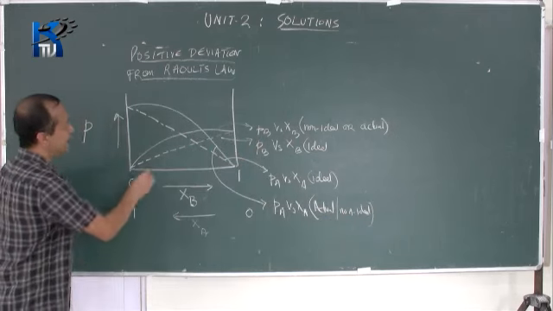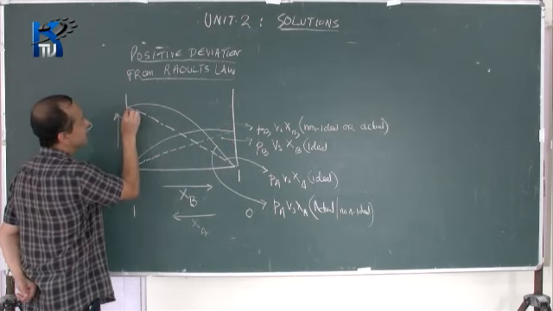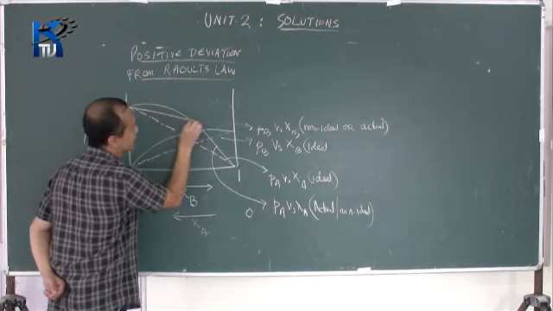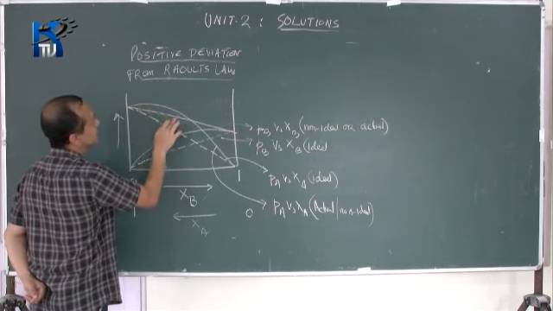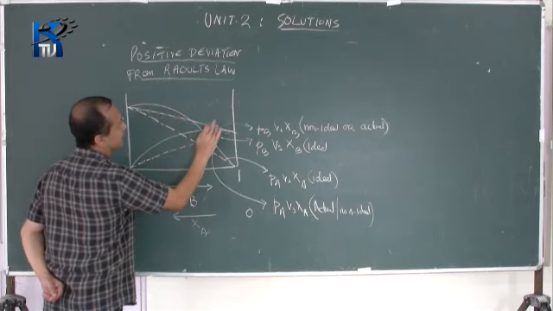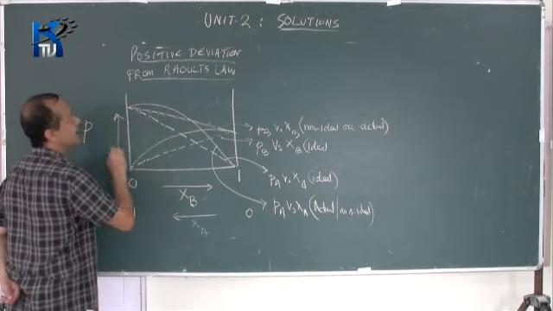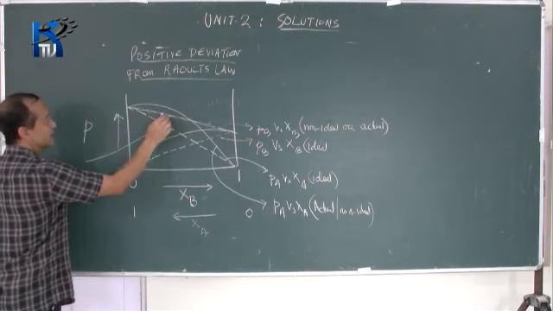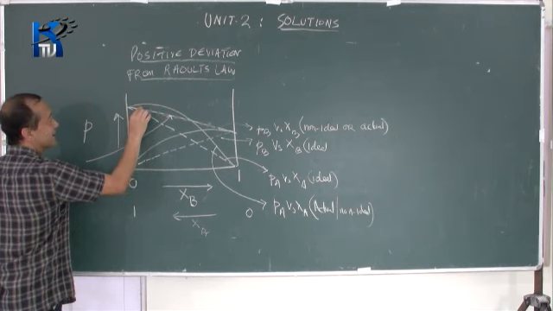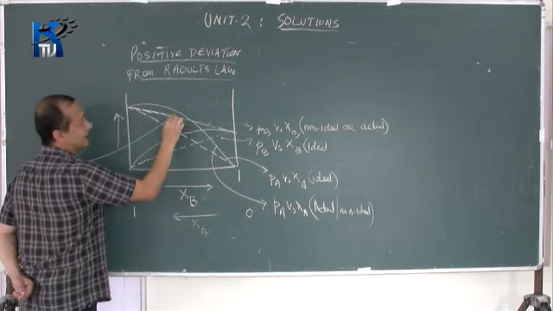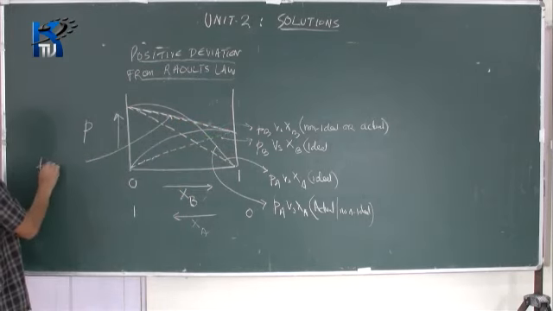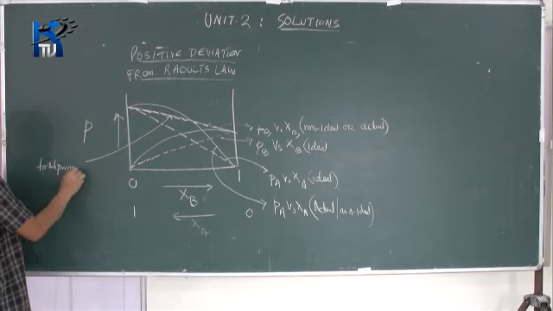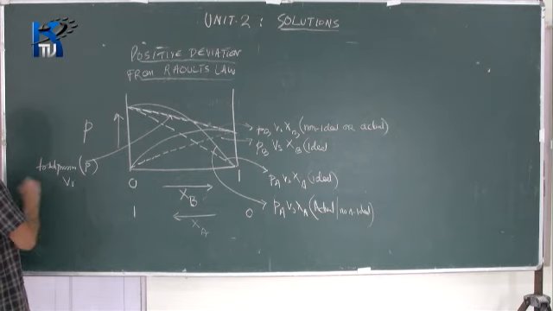If you combine these two graphs, then you get the total pressure. The dotted lines again represent total pressure P versus mole fraction.